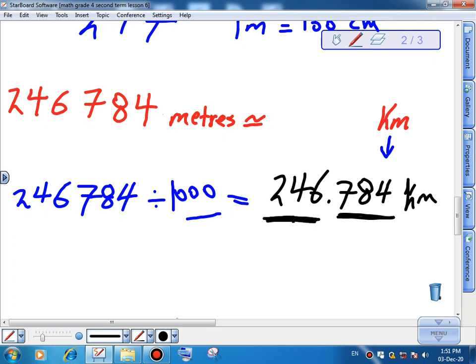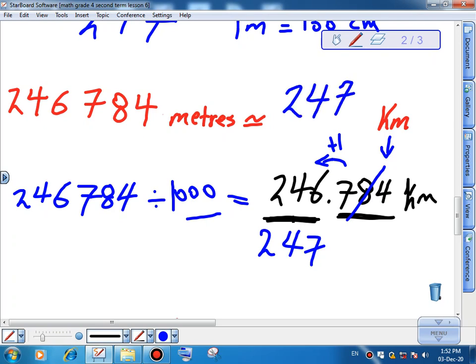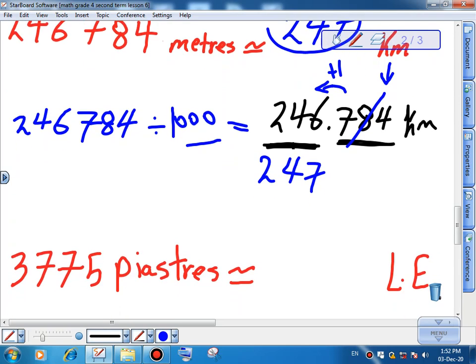Look at the whole part and the first digit after it, the tenths place, is 7. 7 is a weak or strong number? It is a strong number, so it will add 1 to 6. It will be 7. Cancel the decimal part and keep the other digits as they are. It will be 247 kilometers. What's the meaning of this? If I have 1 and 1,000.